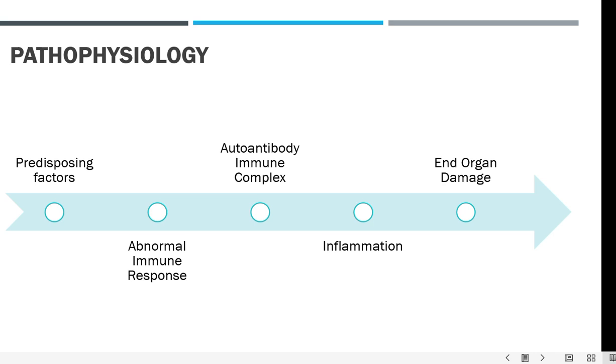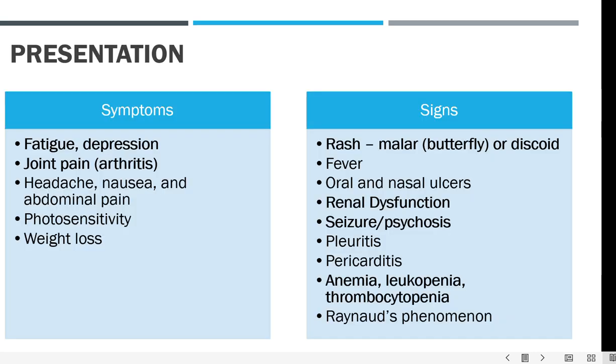For presentation of our SLE, it's very widespread. As you can see, most commonly patients present with fatigue or depression, as well as joint pain. Patients may also have headache, nausea, and abdominal pain, as well as photosensitivity and weight loss.